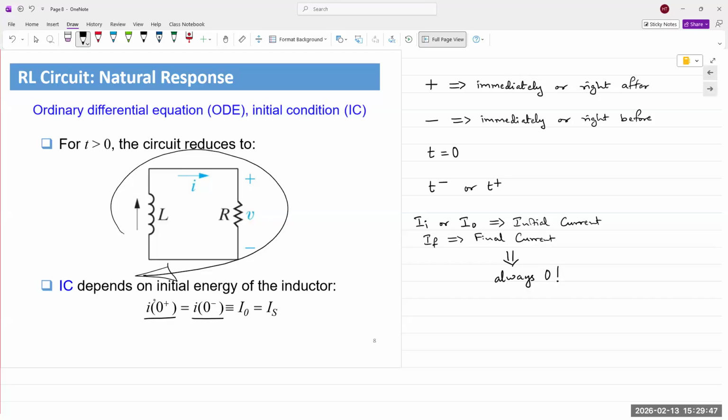And right before the switch was opened, the inductor was behaving like a short circuit, carrying IS, the total source current or supply current. So a fully charged inductor, or a fully charged capacitor, would have that supply current or voltage, and that is the beginning point for our discharge. Make sense?